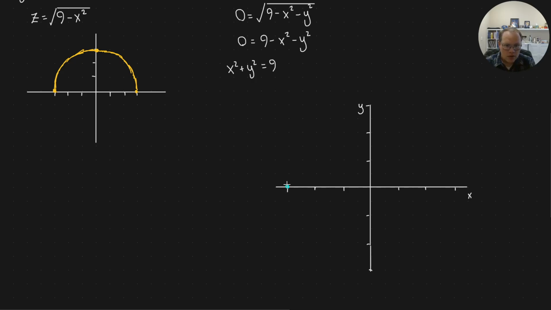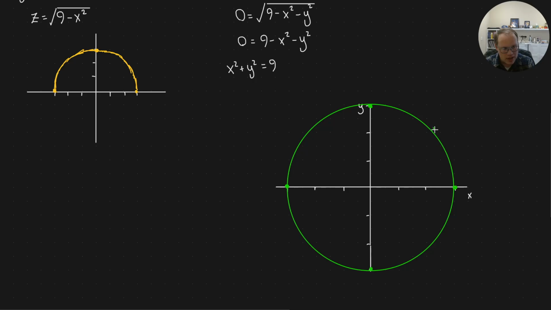Okay. Circle of radius 3. This is z equals 0.